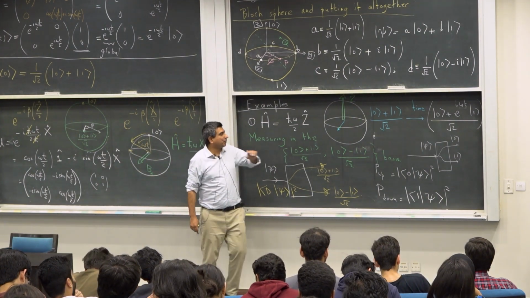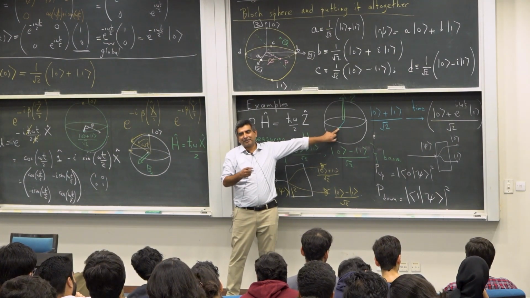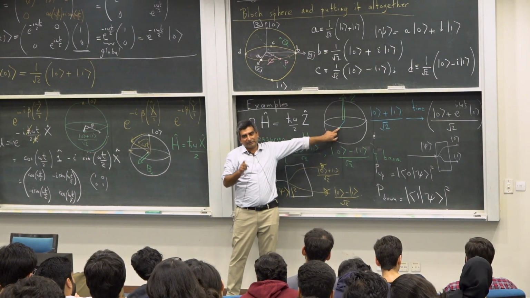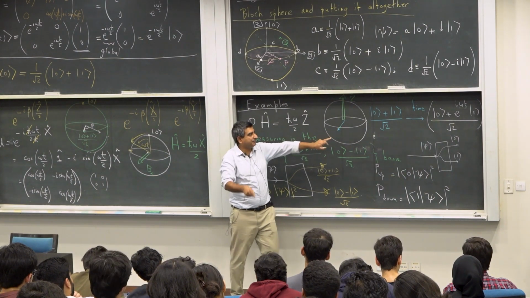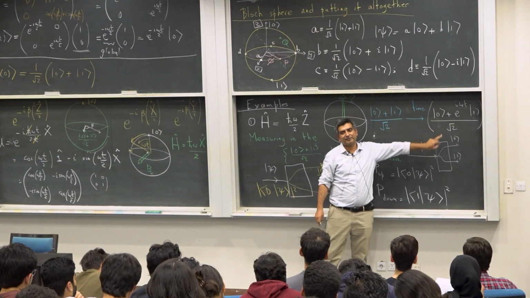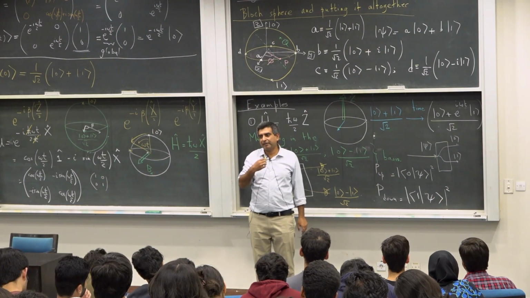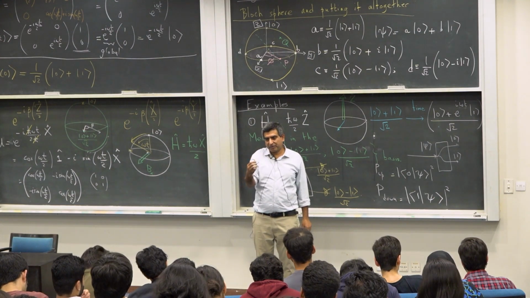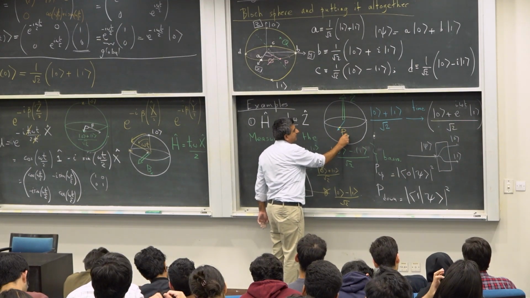Now the point is, in this experiment I try to measure the quantum state along the x-axis. So I need to find the projection of this quantum state on my choice of basis, on the axis about which I would like to measure. So I put a detector here. Let's call this an x detector, P_x.